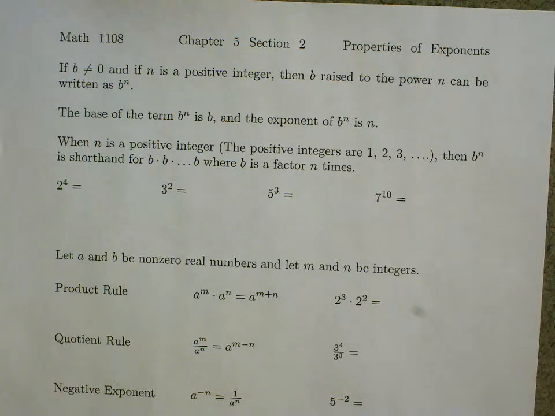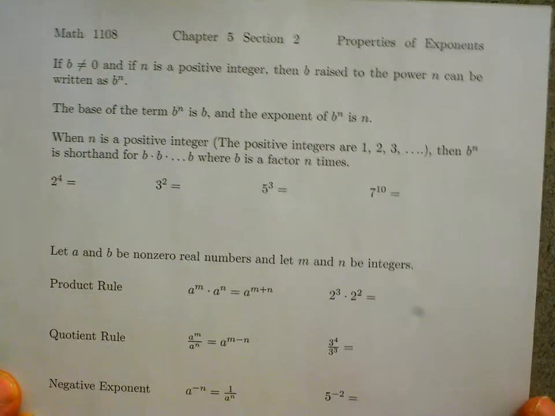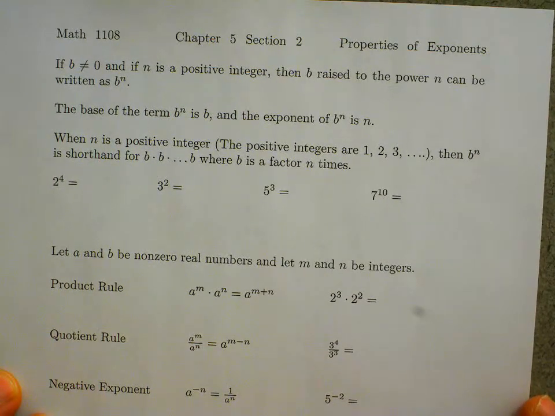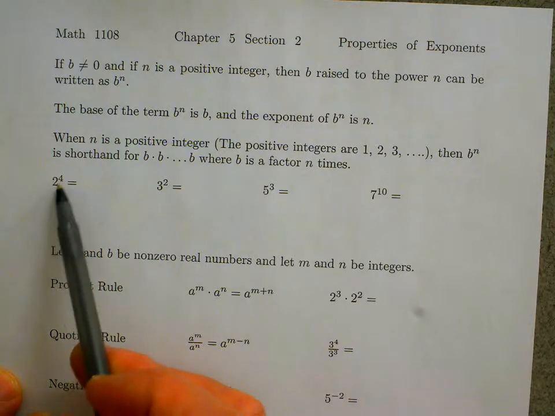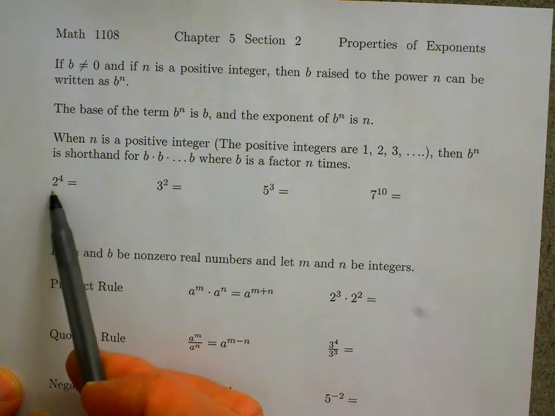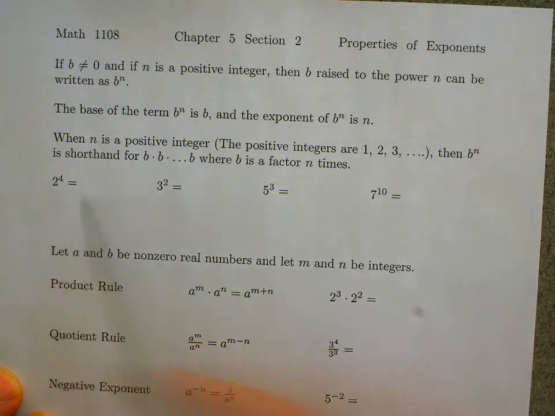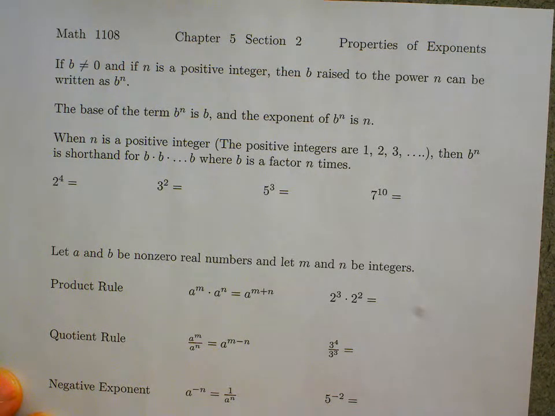So the exponential notation is a convenience because it takes a short time to write a base number raised to an exponent, but if you were to write out what it represents, it could take some time.